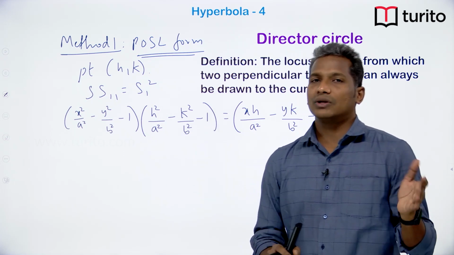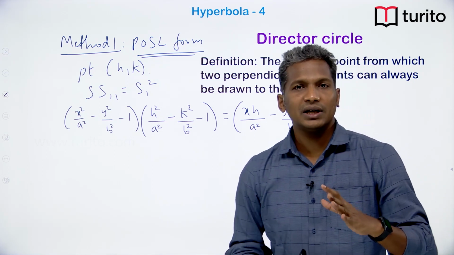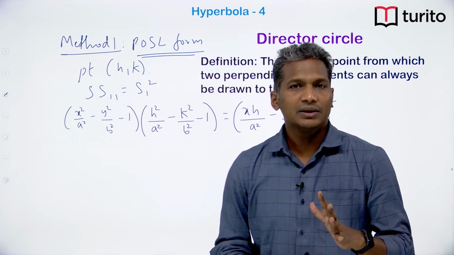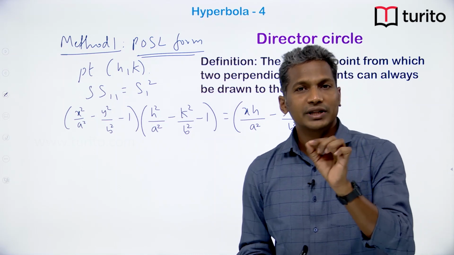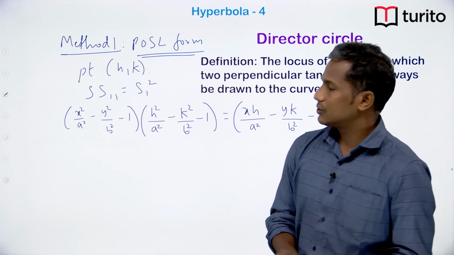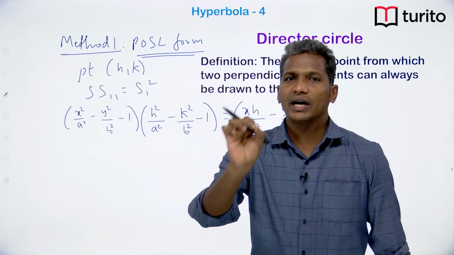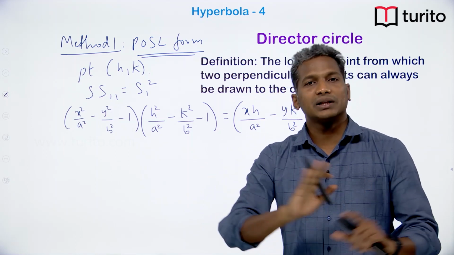Now again recall the concept of POSL. How do we identify whether a POSL is going to be perpendicular or not? By checking whether the coefficient of x square plus the coefficient of y square is 0 or not. Okay. So here we are basically interested in only the coefficients of x square and y square, not other terms.